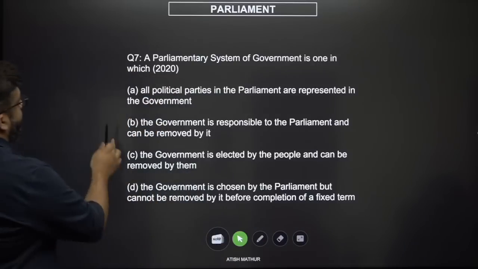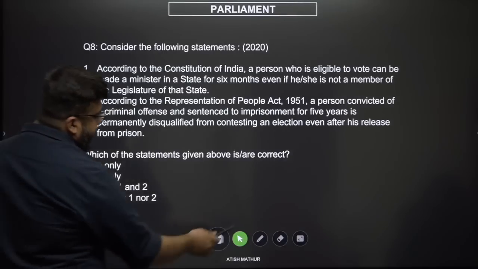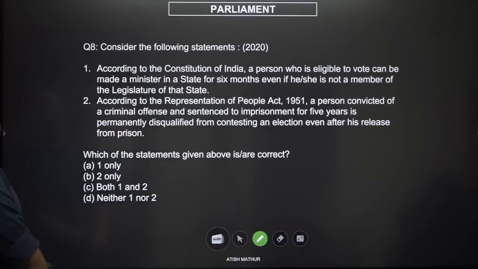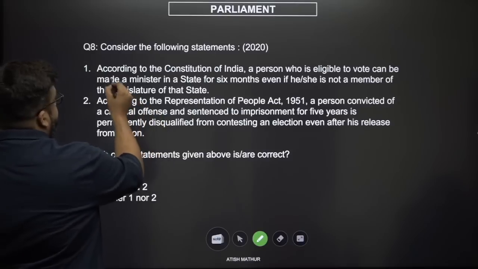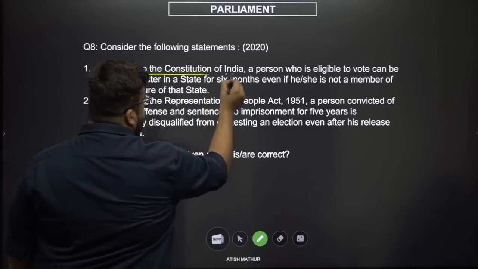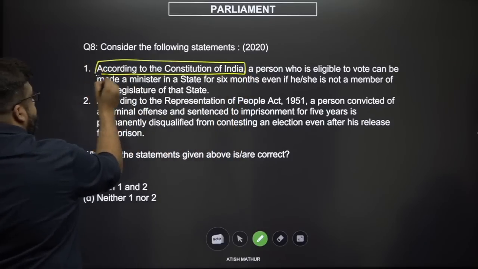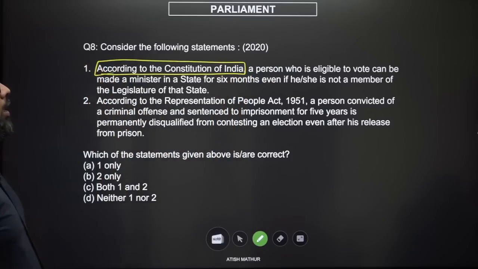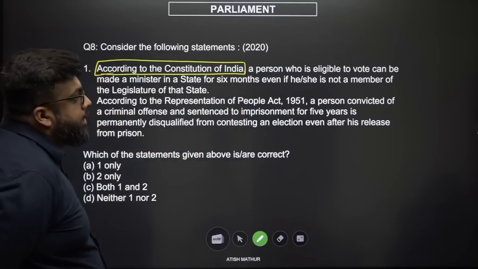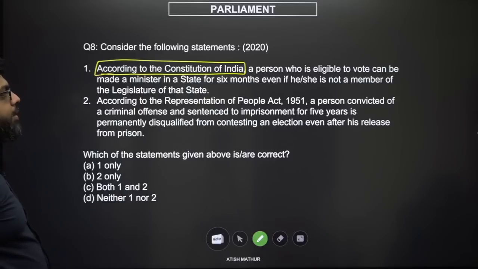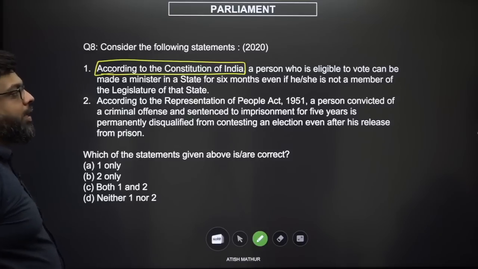Question number 8. Consider the following statements. Now see, according to the Constitution of India, this means it has to be explicitly written in the Constitution. A person who is eligible to vote can be made a minister in a state for 6 months even if he or she is not a member of the legislature of the state.